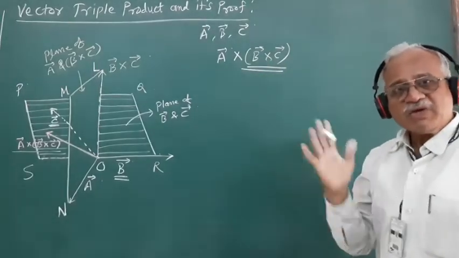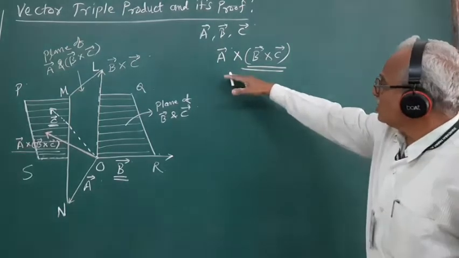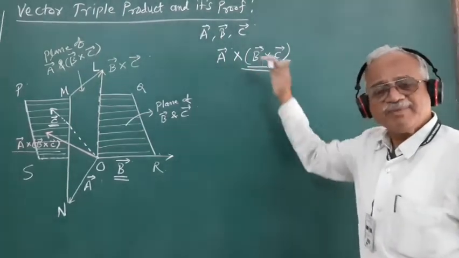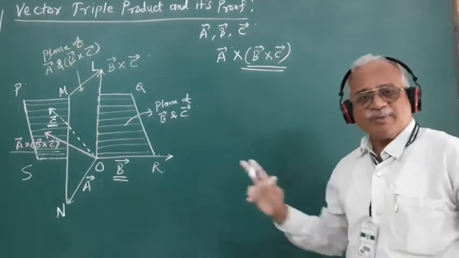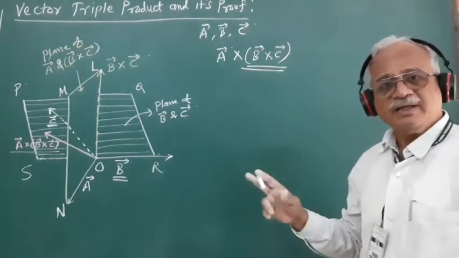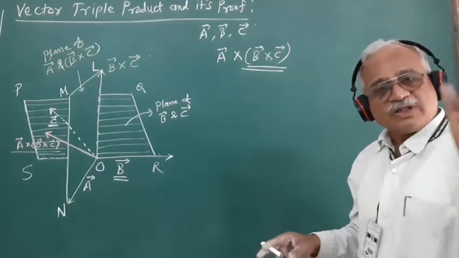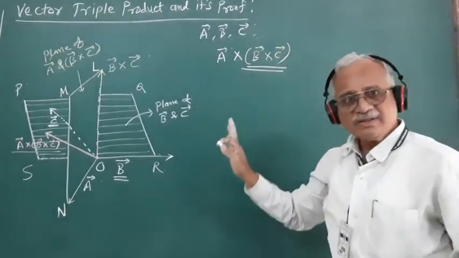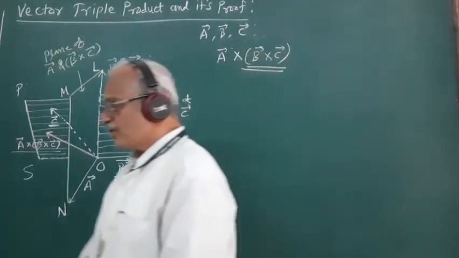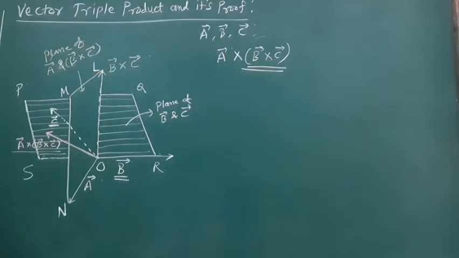So when we evaluate the vector triple product of the three vectors A bar, B bar and C bar, this vector triple product will lie in the plane of the two vectors in the parenthesis. That is how we define the vector triple product of the three given vectors.